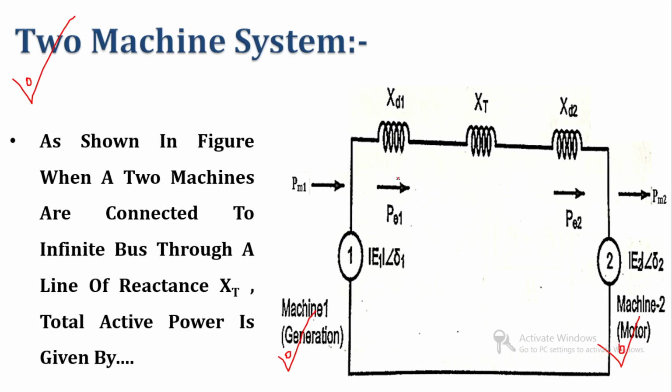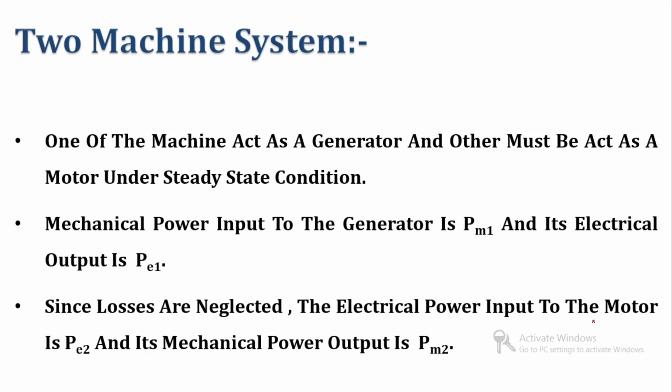The total reactance of the entire system is XD1 plus XT plus XD2. So one machine acts as a generator and the other acts as a motor.